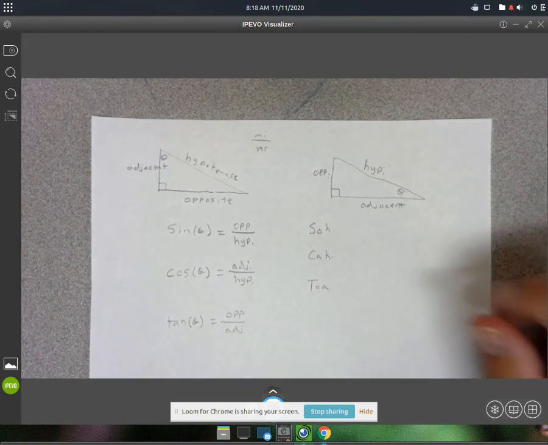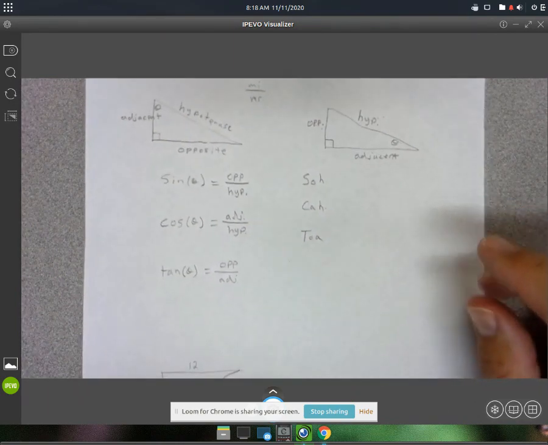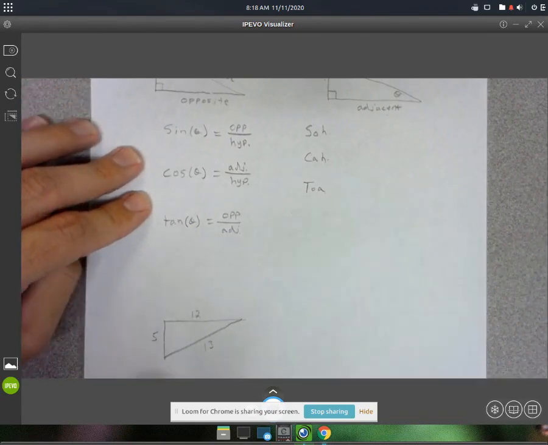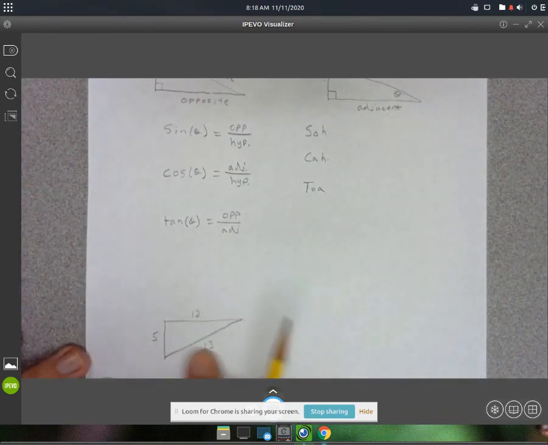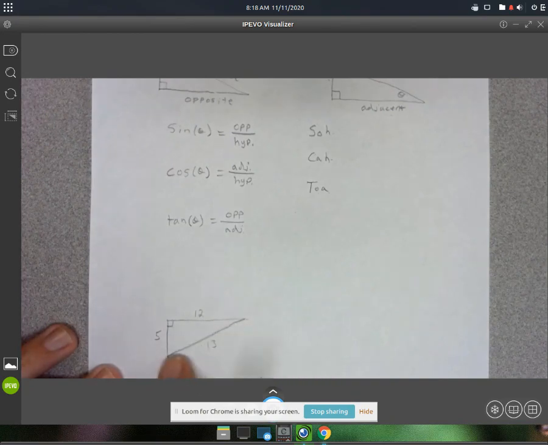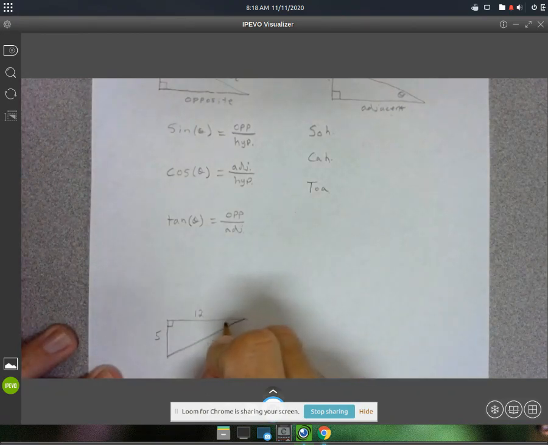Anyway, we're going to use these trig ratios to find sine, cosine, and tangent for this right triangle. Here's my right angle, 13 is my hypotenuse, and I haven't defined a theta yet. I'm just going to use this smaller angle over here and call it x.